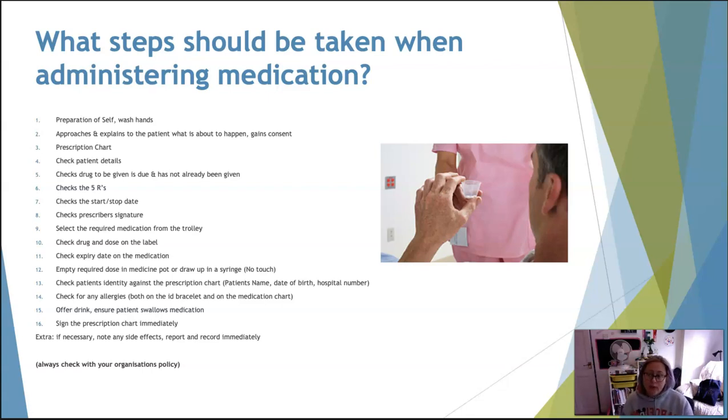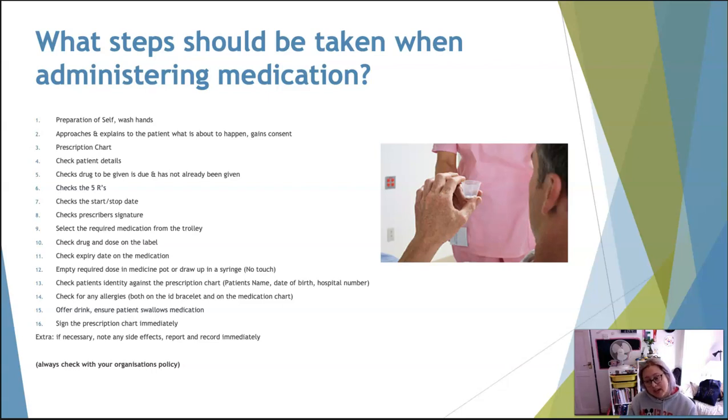It's important that you've got your prescription chart, that you then check your patient details, and we're starting to think about your 5 R's of medication management. We need to check that the medication is due and it's not already been given. Sometimes medication errors happen because practitioners don't always check the medication charts, will give the medication and then realise that actually another practitioner has already given this particular patient their medication because they asked for it earlier.